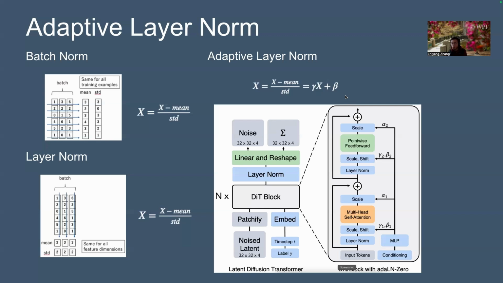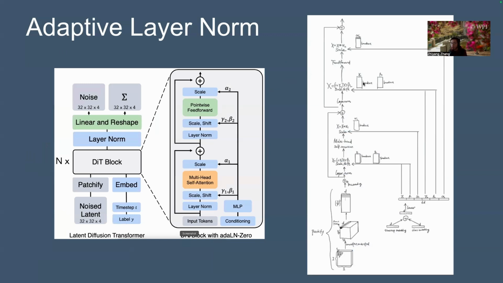Here is the architecture figure in the paper, and I drew a more detailed one to illustrate the model design. We focus on the condition injection part. In diffusion models, we commonly have two condition parts, one for the diffusion time step and another for the normal condition. Both of them can be represented by a vector.